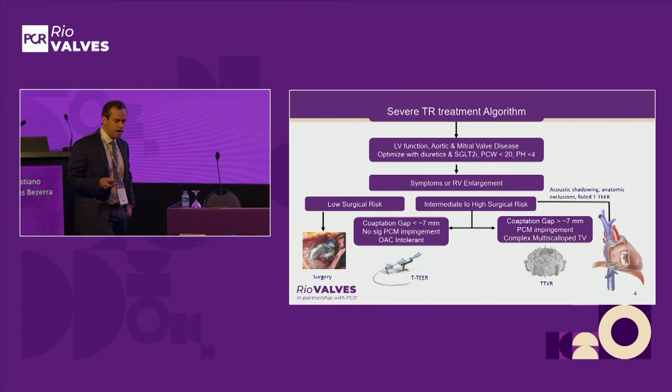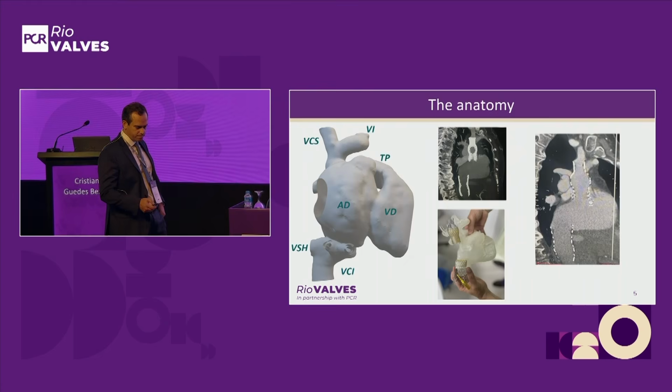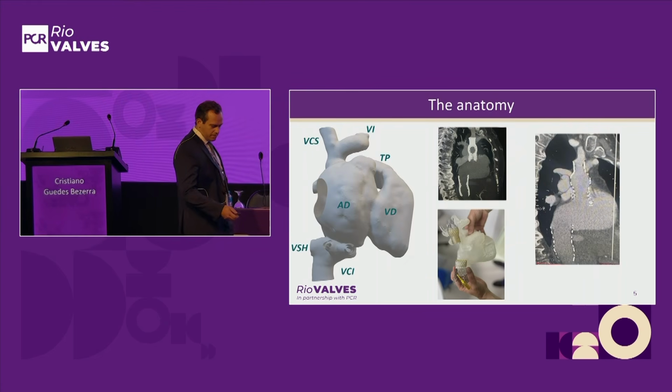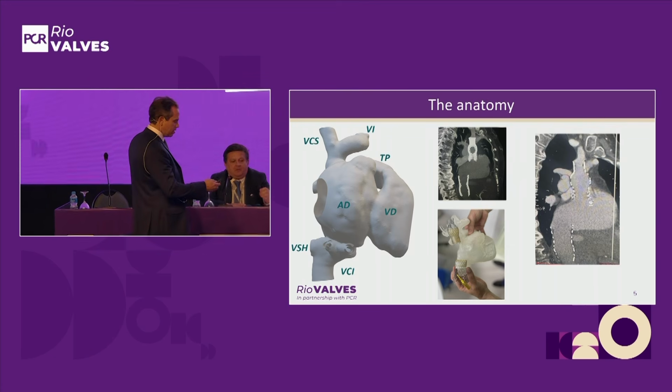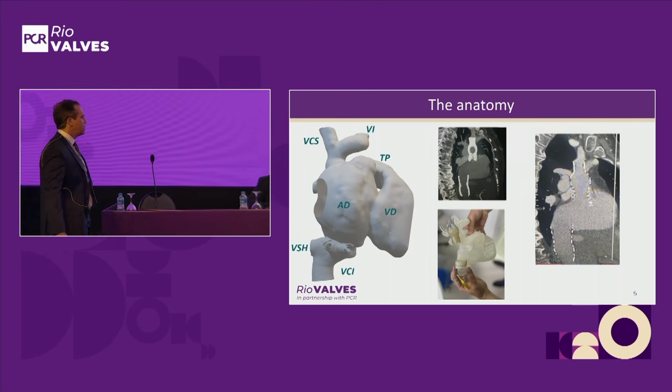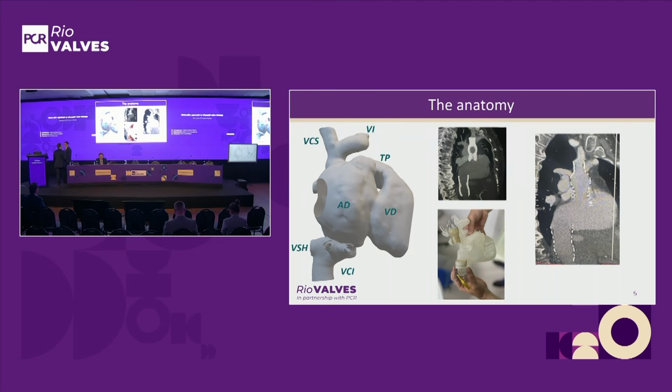In the next hour, we will discuss the heterotopic implant in detail. This is the anatomy, but Adolfo will cover that in the next minutes. So we can go straight to Adolfo to see the case and discuss all that.